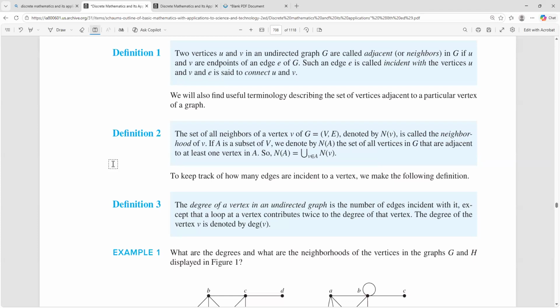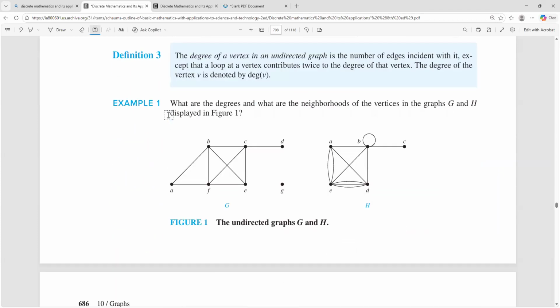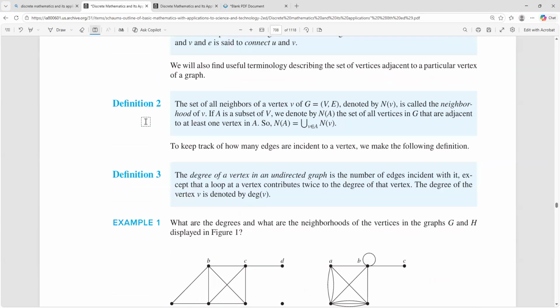Or the handshake theorem. Yeah, handshake theorem. Okay, let's do it. Should we go over these definitions? Hopefully, I'm assuming you guys know these definitions.